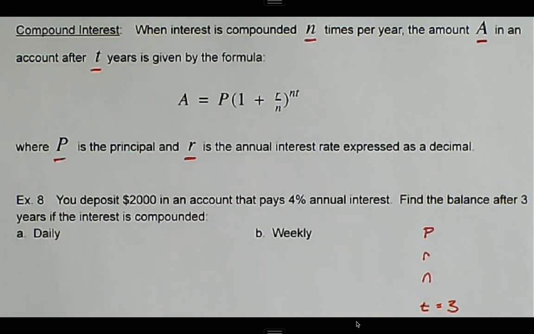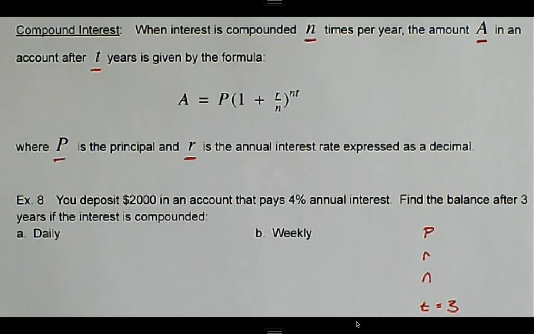So for each one of the scenarios, 3 is always going to be our T value. The number of times per year it's compounded is going to change based on the directions.